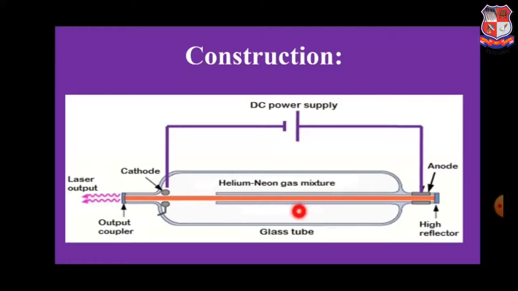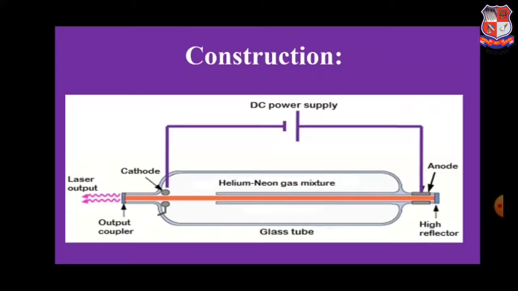Inside the glass tube, a mixture of helium and neon gas is added, where the two poles anode and cathode are further connected to the DC power supply, and the electric current flowing through this supply will be directly in contact with this gaseous mixture inside the glass tube.